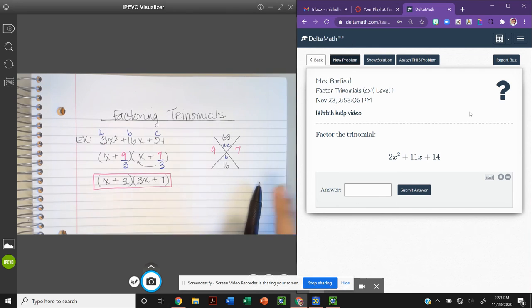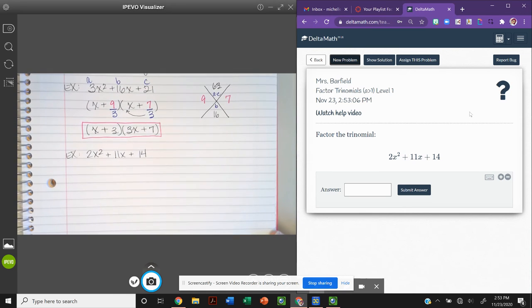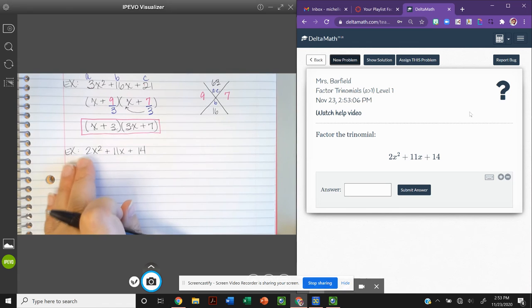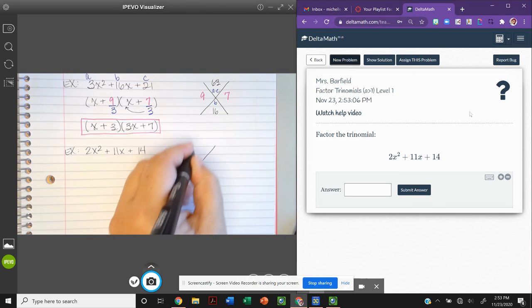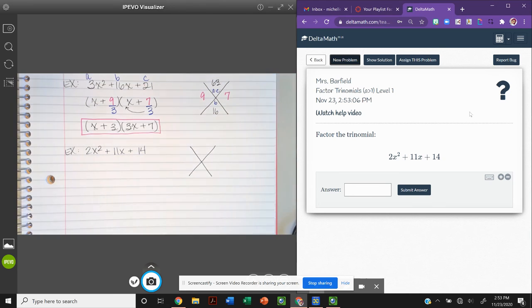All right, so I have 2x squared plus 11x plus 14, okay? All right, now anytime the problem starts with a number other than 1, you're going to take this approach that we did in the last problem, okay?